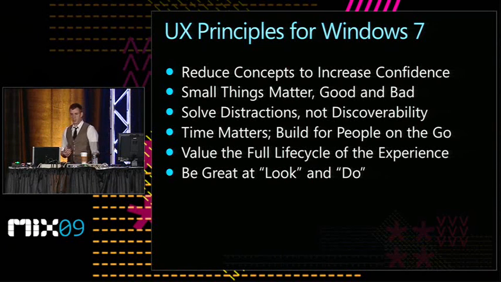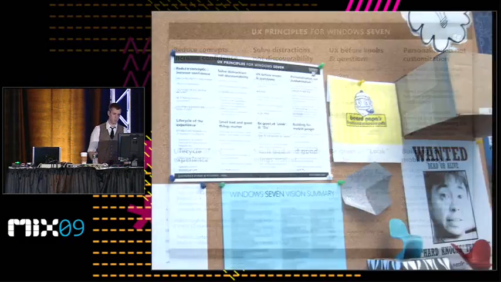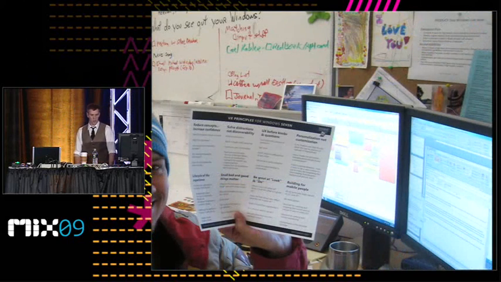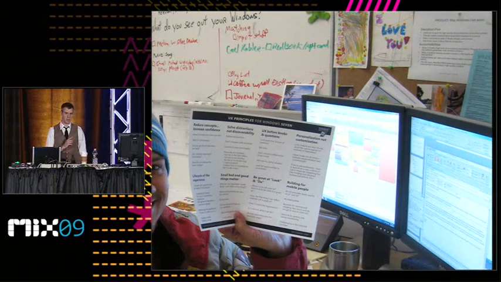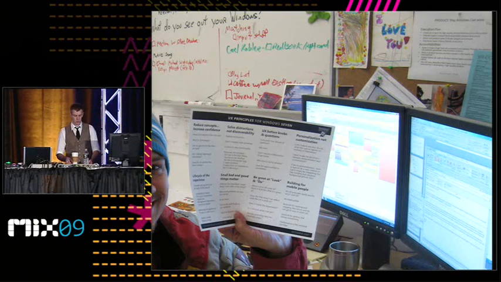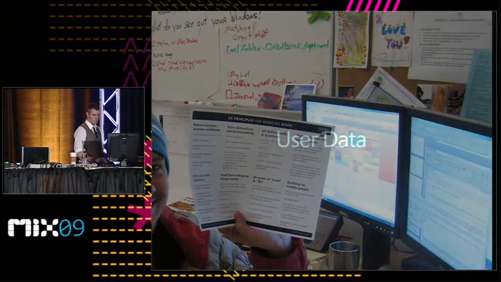And for principles to be successful, they have to be internalized by the entire team. One way that we did that is simply to print them out, right? People could put them in their offices. Now it's just one glance away, easy for me to be reminded about my principles. Some people, maybe not as organized, have a little bit more clutter, but they'll be able to find it, right? When I took this picture, they were able to dig it up. So it's very important for the whole team to be aware of the design principles.